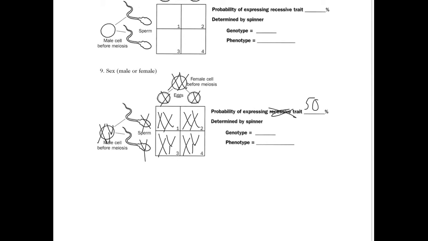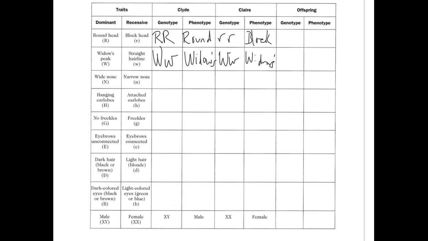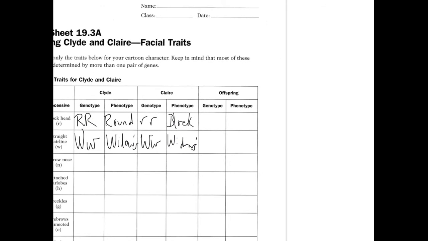I'm going to spin the spinner. 1, 2, 3, 4. Let's say in this case I end up with a 2. That would mean that I have a female offspring. And I'm ready to go back to the main chart. So here I am back on my main chart, and we want to go over and look at the offspring.